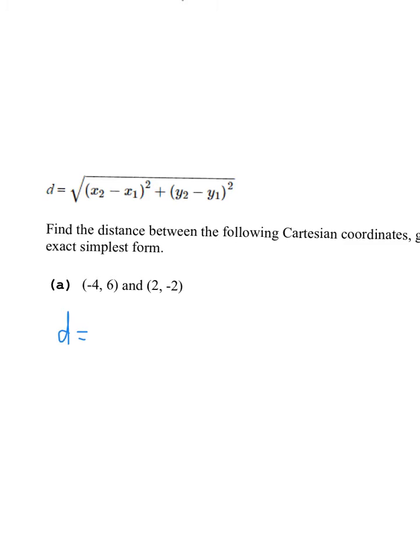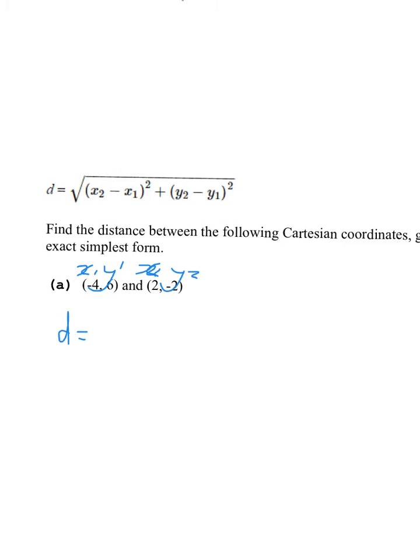Before you start, this is x1 and this is x2, this is y1 and this is y2. Do you agree with me? I didn't do it very nicely, but you can see what I mean.